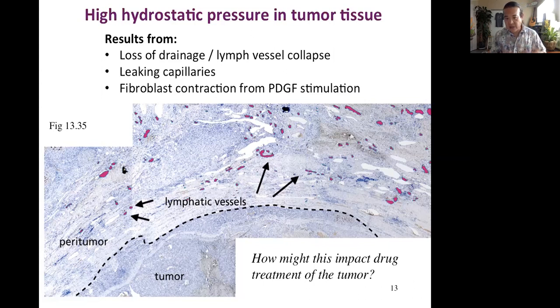Then this medication has to flow through the blood, and you're hoping that some of it's going to get to this tumor. Right? But if the medication arrives, how might the fact that the tumor has much higher hydrostatic pressure and the water is constantly being shoved out of the tumor, how do you think that might impact the ability of the drug to penetrate the tumor? Does anybody have any thoughts on that?